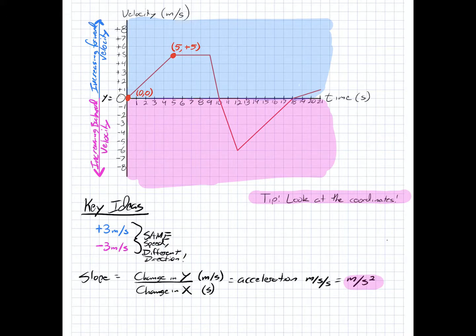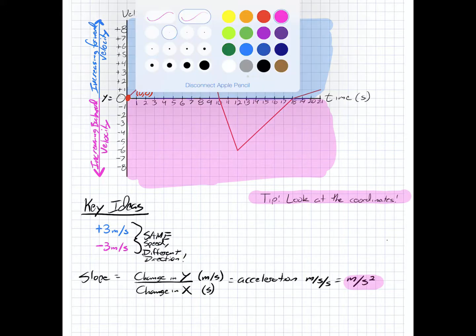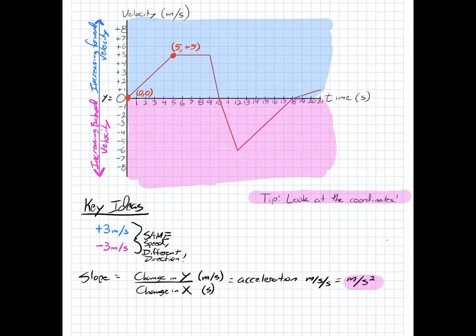And which direction did we accelerate? Well, let's do a quick calculation. I won't do it for each line, but I'll show you at least how this works. And so for that particular segment A, I'll do that down here, our change in y is going to be that positive 5 minus 0. And our change in x will be 5 minus 0.